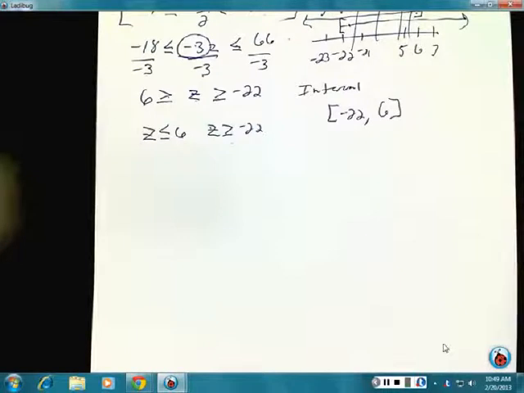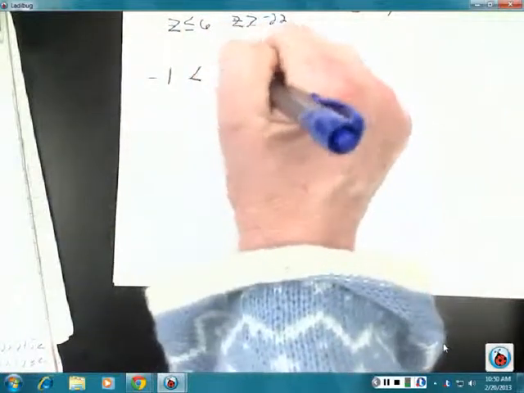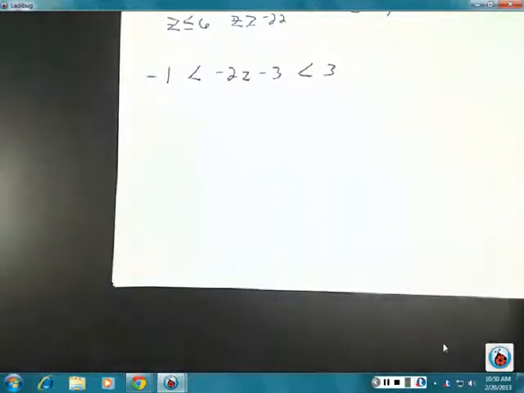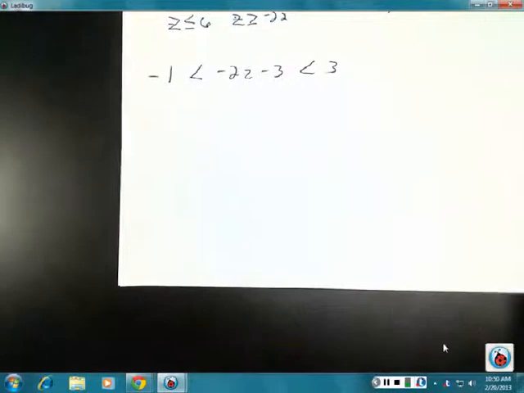See if I can find one. This one doesn't have a fraction in it, but it still does the exact same kind of thing. Negative 1 is less than negative 2z minus 3 is less than 3. So, what do you guys want to do?